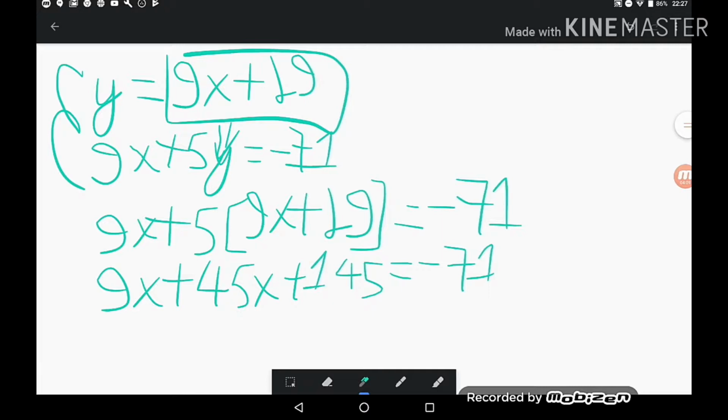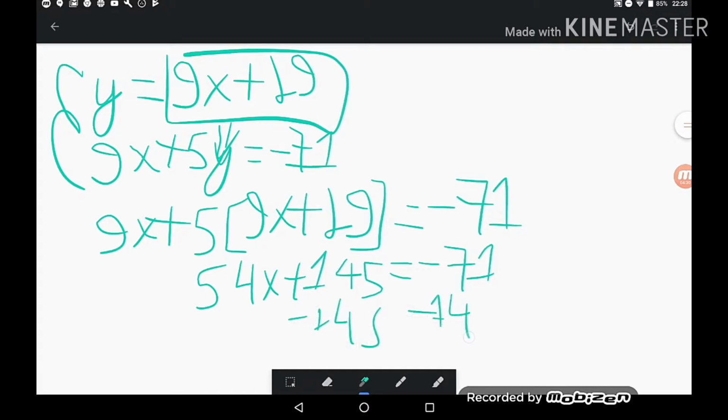And of course you see that 9x and 45x are like terms. So once you combine those, you'll get 54x plus 145 equals negative 71. And so, of course, you have to move the 145 to the other side of the equation, and you will get this.